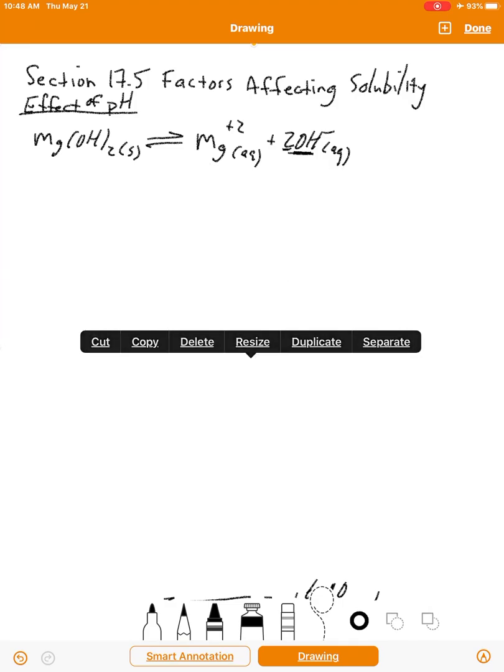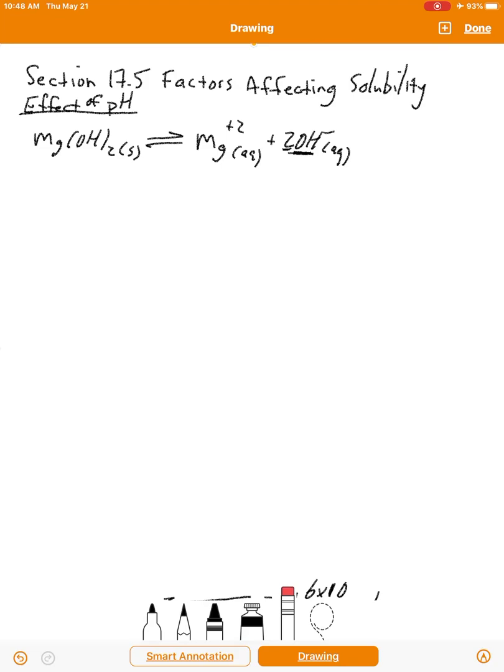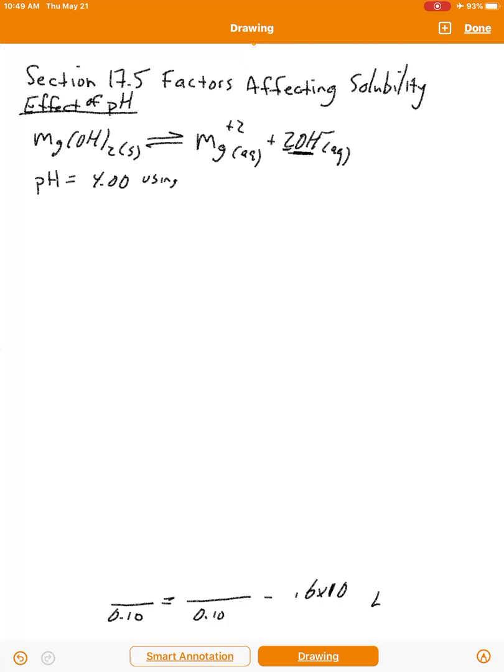So let's say we make the pH 4 using a buffer. The question is, what happens to the molar solubility? Does this become more soluble or less soluble if the pH is 4?